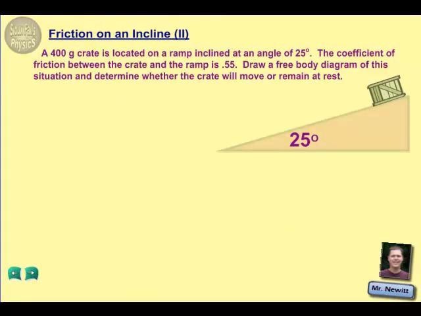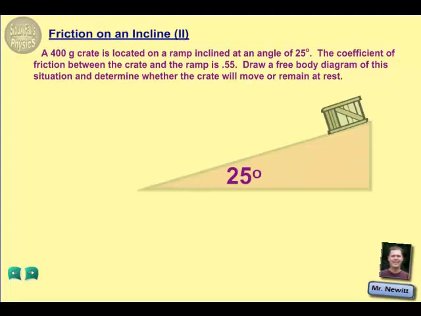This is a key situation, one that we'll encounter quite a bit in various physics problems of an inclined plane. So, for the crate itself, we know that it's going to have several forces acting upon it. Let's start first of all with the weight of the crate, which is going to be directed straight downward.